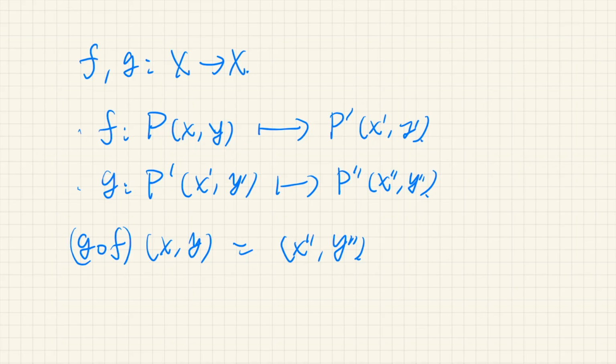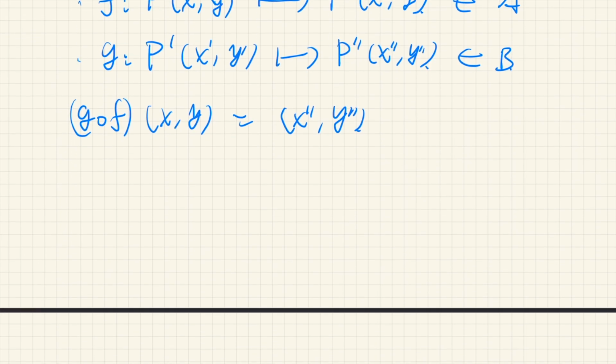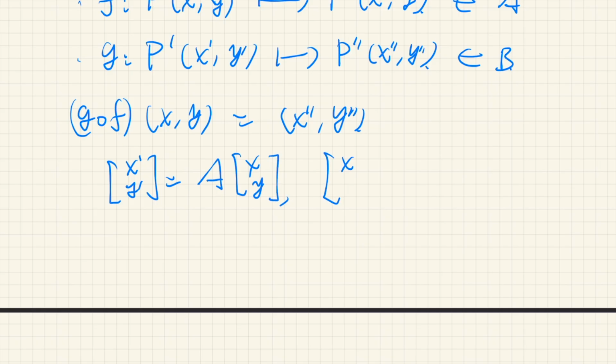Now, if the matrix representing this transformation F is A and the matrix for G is B, then we have the following. First, (x prime, y prime) is equal to matrix A times (x, y). And (x double prime, y double prime) is equal to matrix B times (x prime, y prime).